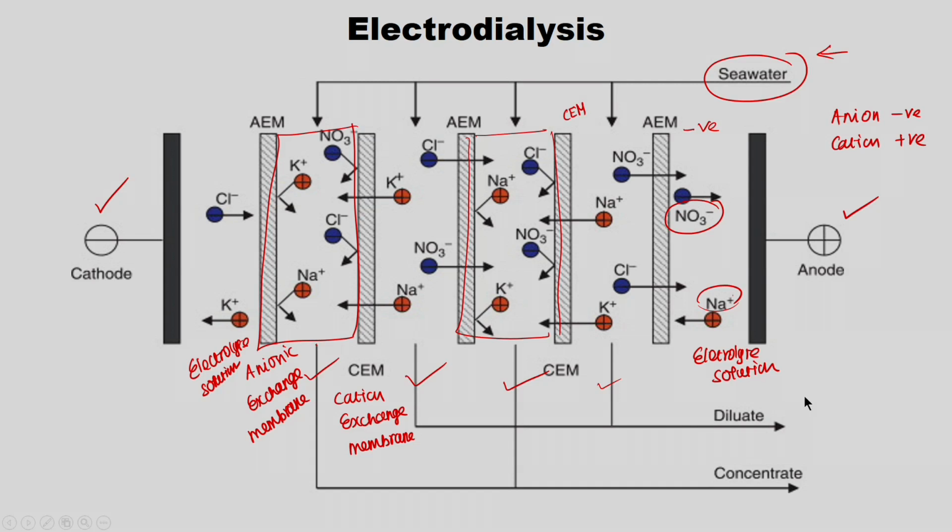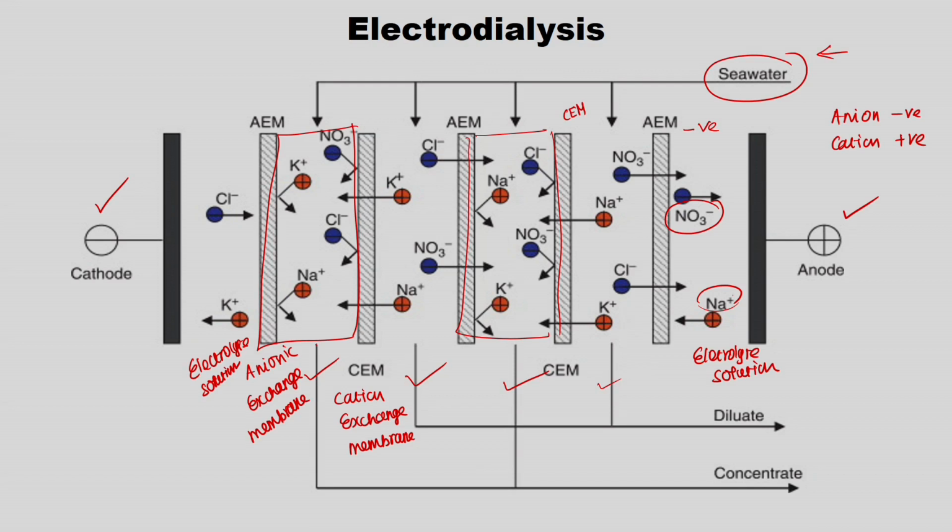Okay. So, this is the electrodialysis process. You have two ion exchange membranes which pass specifically either anion or cation. The anion passes through the anionic exchange membrane and gets collected near the anode, and the cation passes through the cationic exchange membrane and gets collected near the cathode.